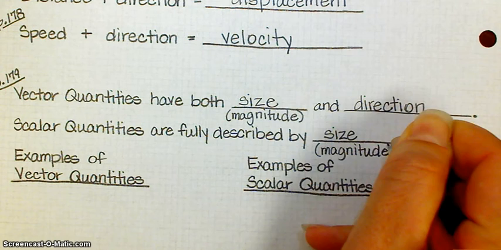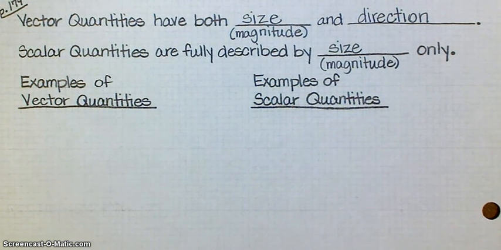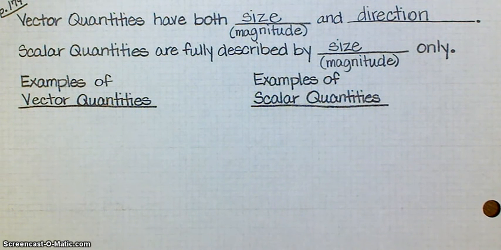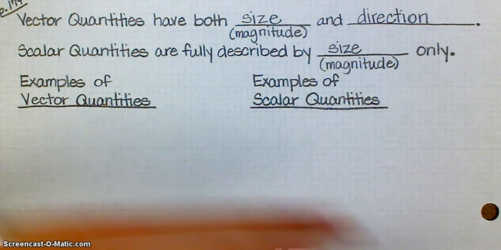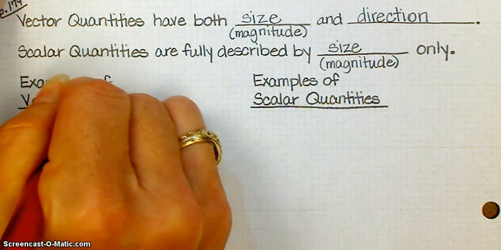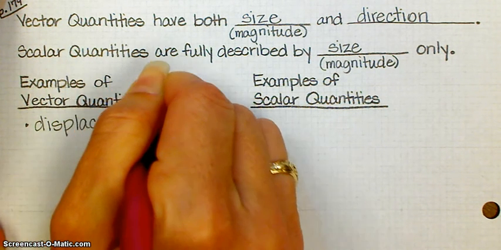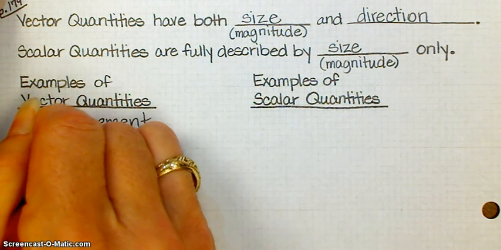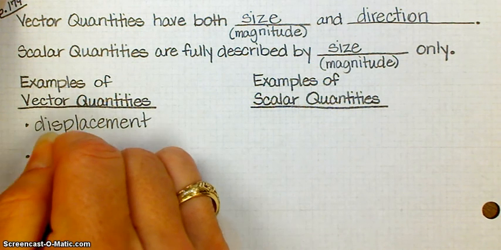Okay. So if you got far enough in your lesson yesterday, you may have written down some examples of vector quantities. Things that have to have a direction. Give me some examples. Good. Displacement's one of them. Somebody said force. Somebody else said velocity.